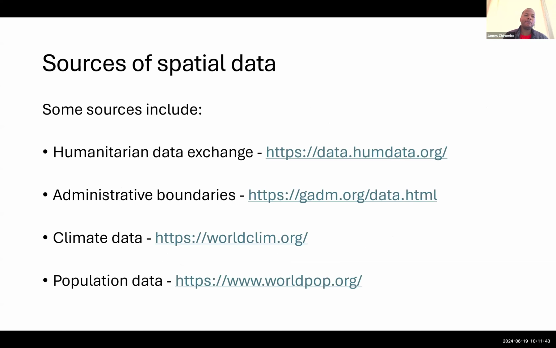All right. There are so many sources of spatial data around. These are just some examples that I could think about. The first one is the Humanitarian Data Exchange. This is a free repository where people just share data online. If you collect data and you want to share it with the wide community, you can just deposit it there.